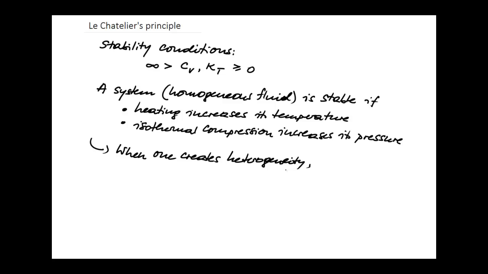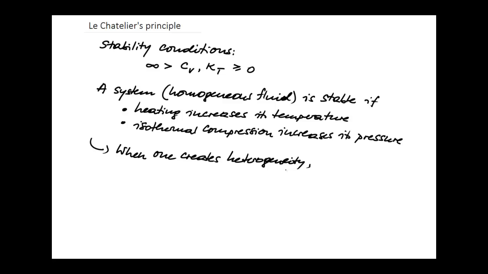Likewise, when you heat the system at one end and you cool it at the other end, and then you stop doing that and you leave the system alone, it will restore its homogeneous state, because heat will flow from the hotter to the colder side, and it will restore homogeneity.